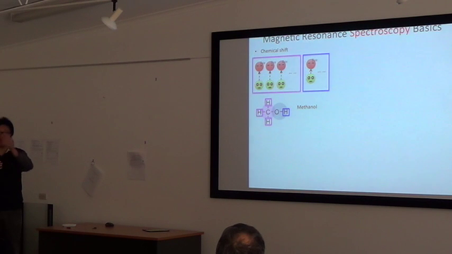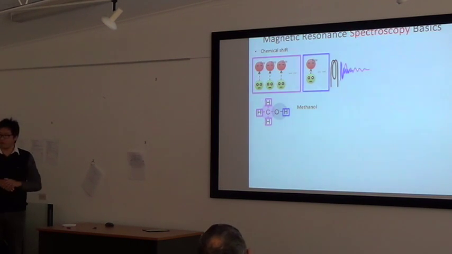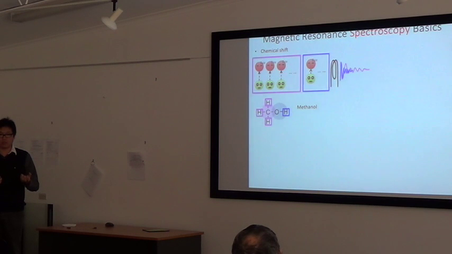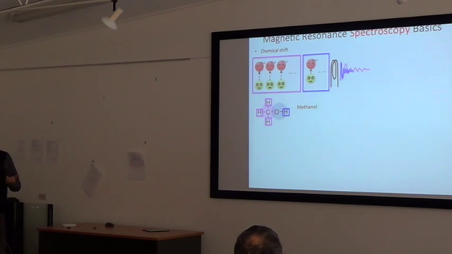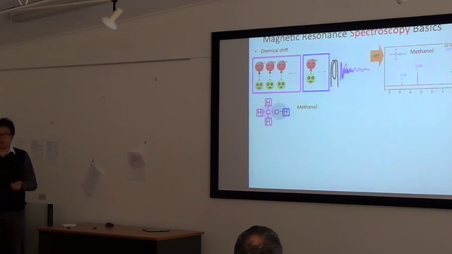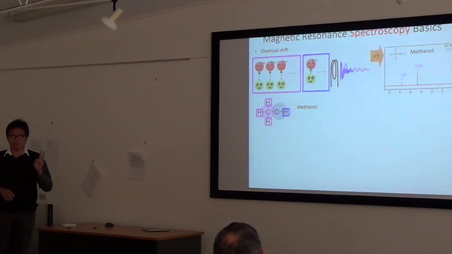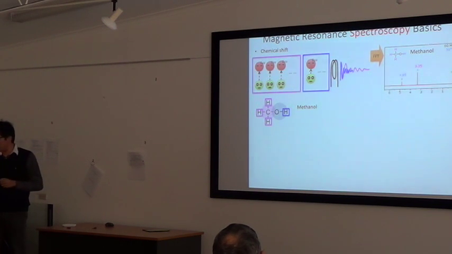So for example, someone sitting in the sun gets to sleep very quickly. And while they're doing this relaxation process, they release the FID signals, which we can pick up using the receive coils. And after Fourier transform, we find shifts on the frequency domain, so we get 2 peaks.